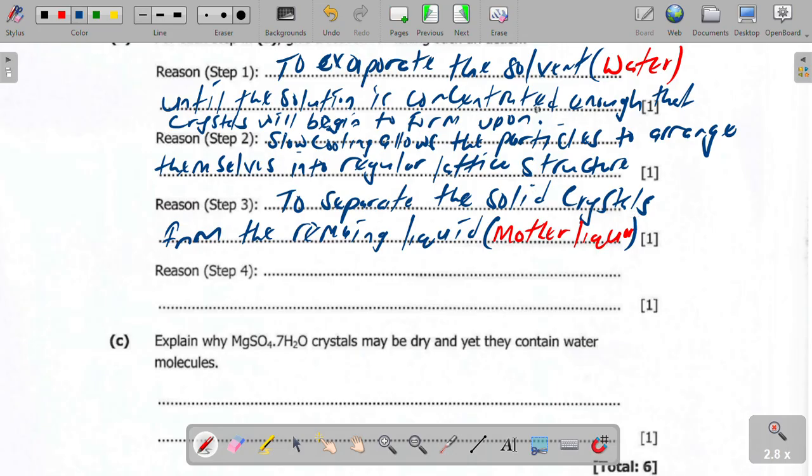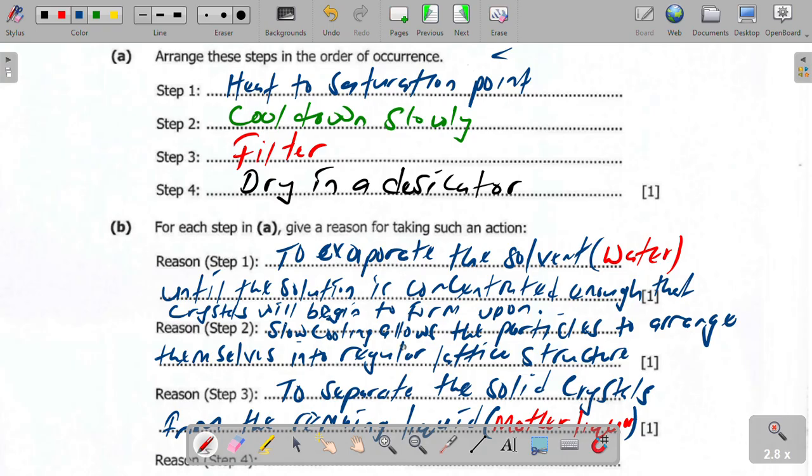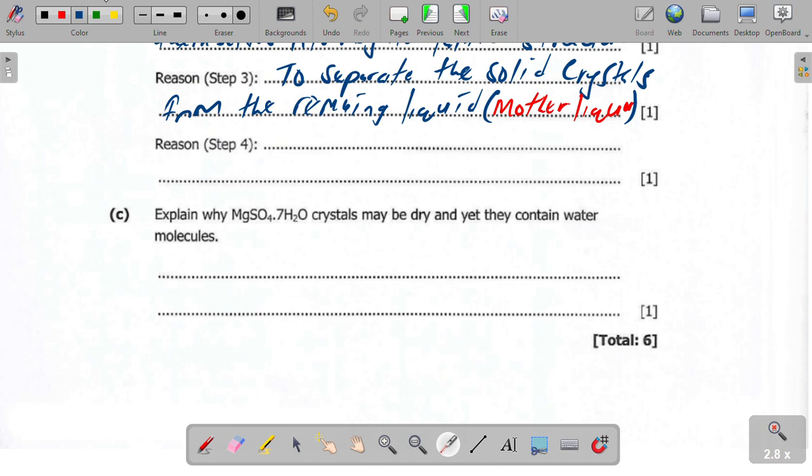Reason for step number 4, which is dry in a desiccator. Why are we drying?